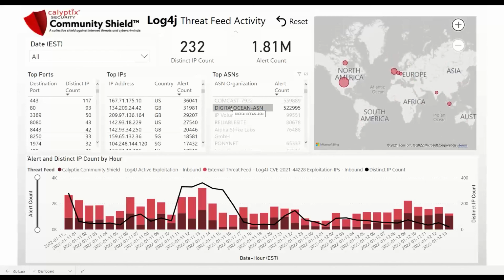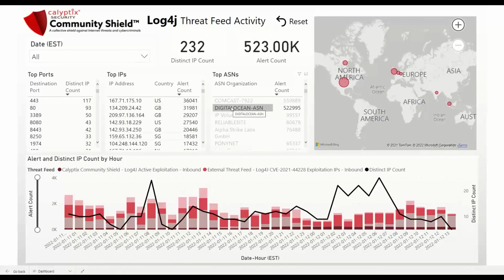So remember, I asked you to remember that number of IPs for DigitalOcean that were flagged. That was 300 and something flagged, and 232 of those have been blocked, which is about 2/3. Recognizing that the feed delay to go from detection to the feed is anywhere from a couple hours to 24 hours, depending on when we first detect it.